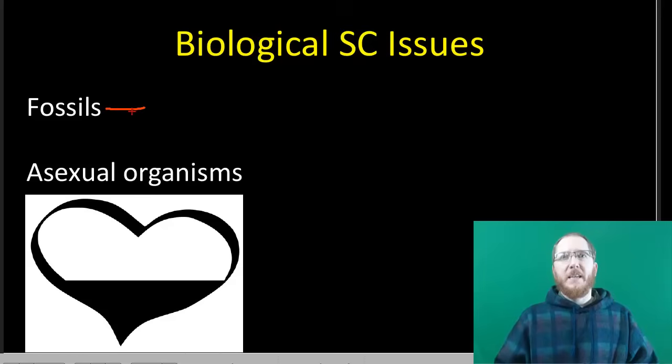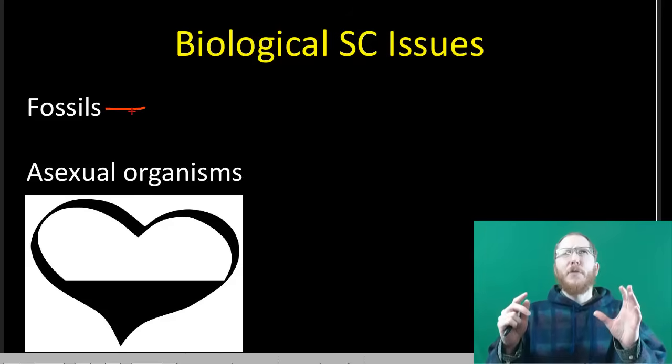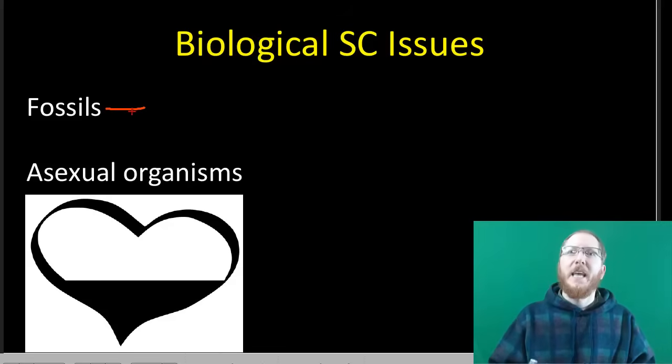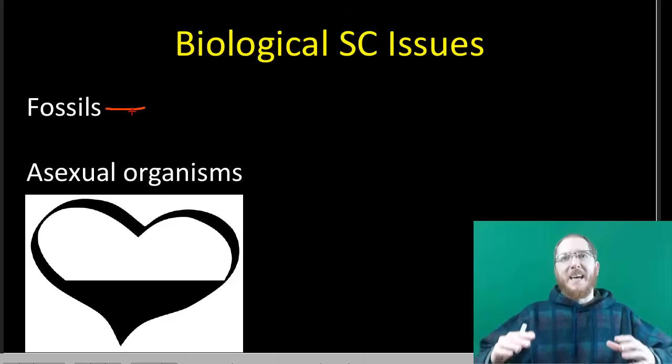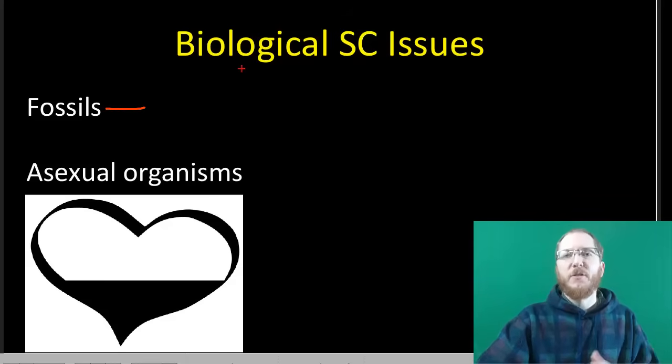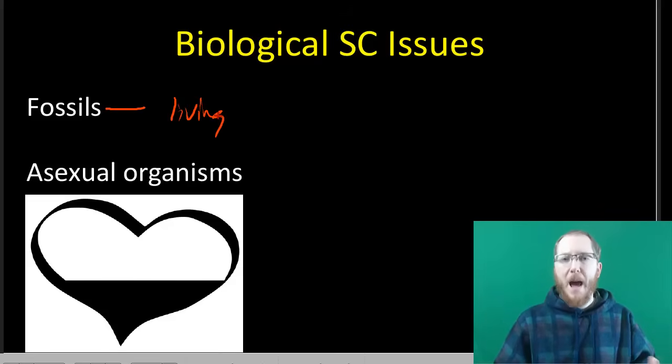We can't take a Neanderthal fossil and put him in with Homo heidelbergensis, I believe you'd say, in a room together with their fossils, and throw some alcohol in there and turn on the mood music and see if we get some type of weird hybrid. It's impossible. So with fossils, we cannot use the biological species concept. The organism has to be living if we're to see what would happen.